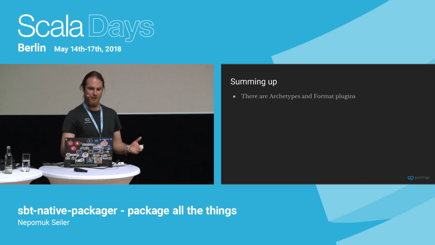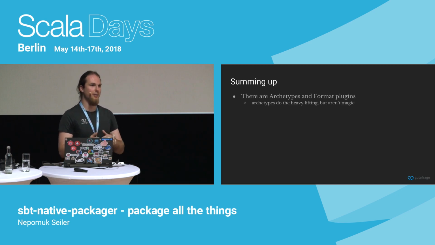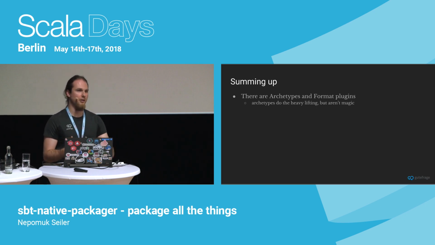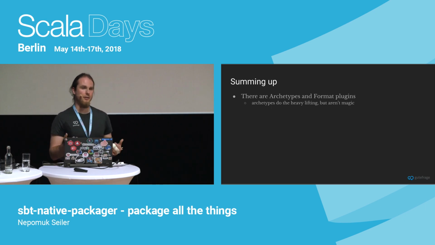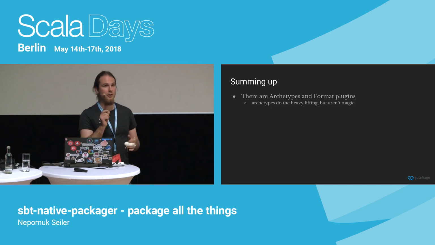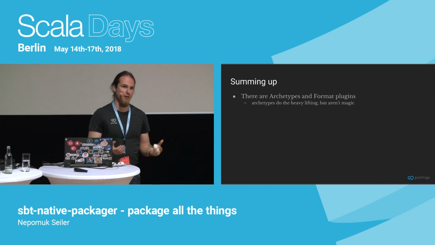There are these archetypes and the format plugins, and the archetypes do the really heavy lifting but aren't magic. So they configure your build for a specific use case. The Java app packaging is actually much like the native packaging that we just built. The only difference is that it figures out your class path.